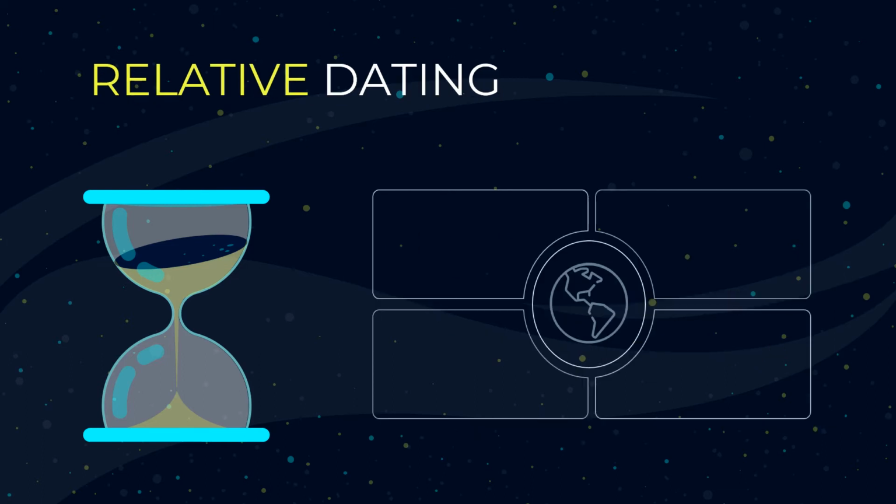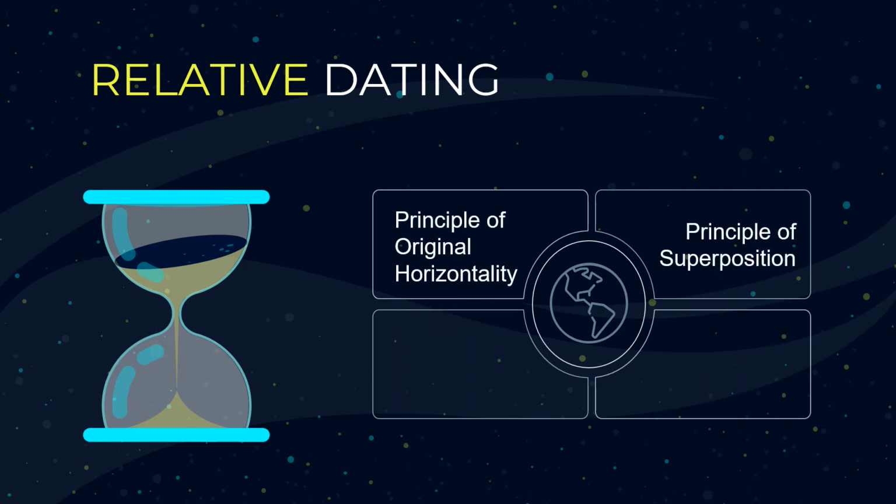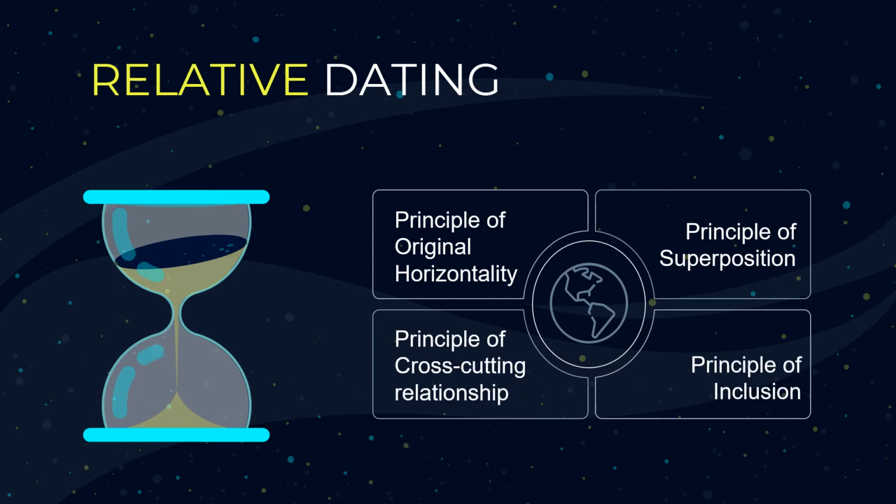The relative order of geologic events can be established by applying the basic principles, namely the principle of original horizontality, the principle of superposition, the principle of cross-cutting relationship, and the principle of inclusion. So these are the different principles underlying the relative dating.